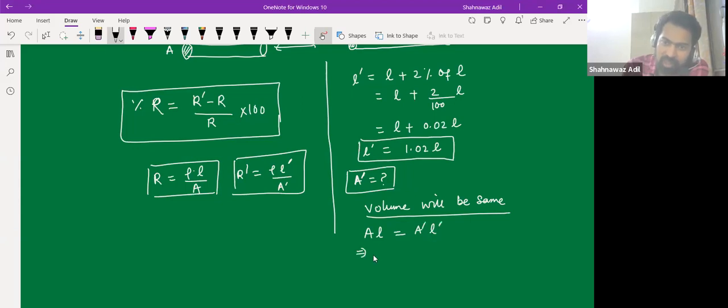So A is A, L we know, and A prime is what we want to calculate. This is 1.02. As you see, L will cancel and A prime would be A by 1.02.